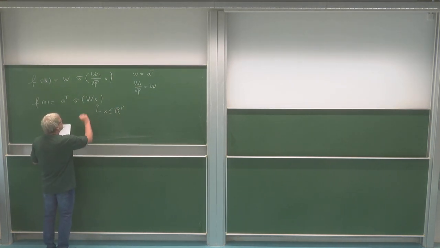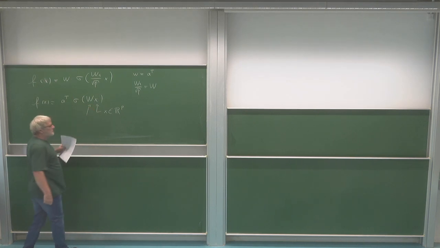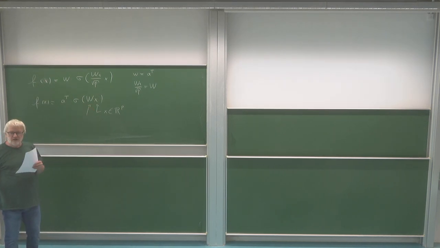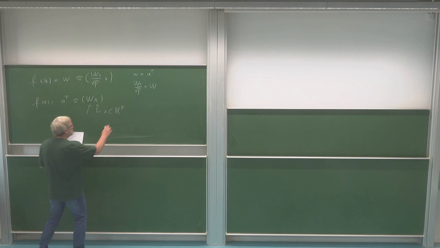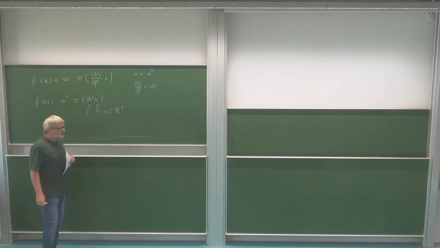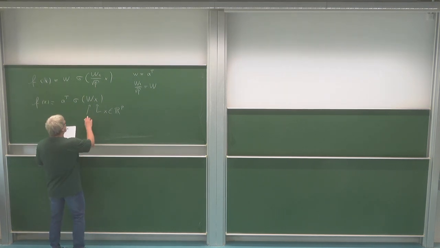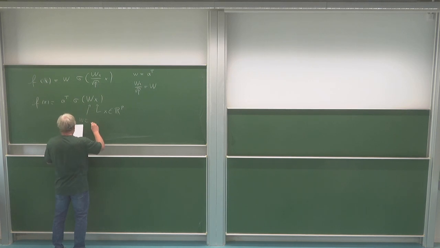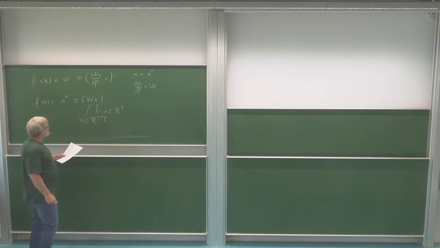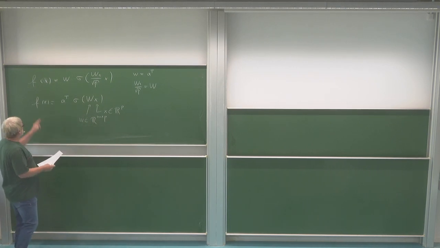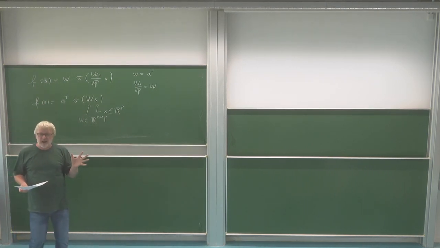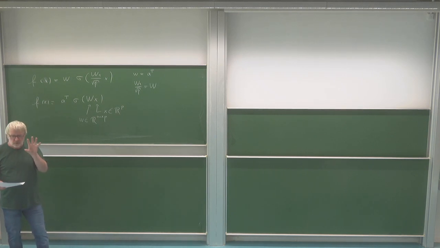This W is the random features or feature matrix, which maps the p-dimensional vectors into m-dimensional space. So W is an m times p matrix, and then I'm going back, and my result is always a scalar. I only consider the case where I'm going to R.